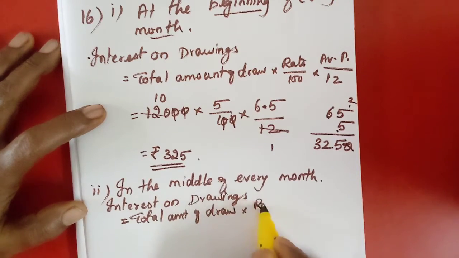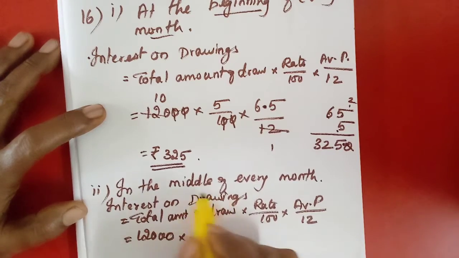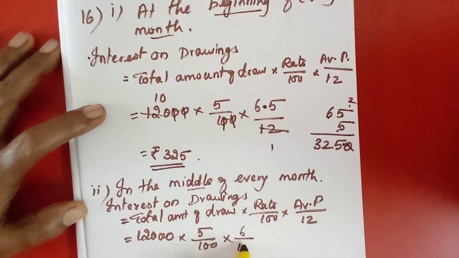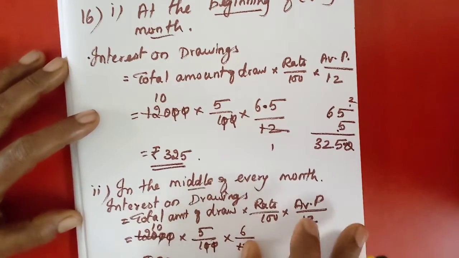Then rate by 100, average period by 12. Total amount we have calculated already: 12,000 into 5 by 100 into, for the middle, average period 6 by 12. 1 0, 2 zeros, then here 12, here 12, 1, 10. 6 5s are 30. 30 into 10, 300. Okay, so 300 rupees.